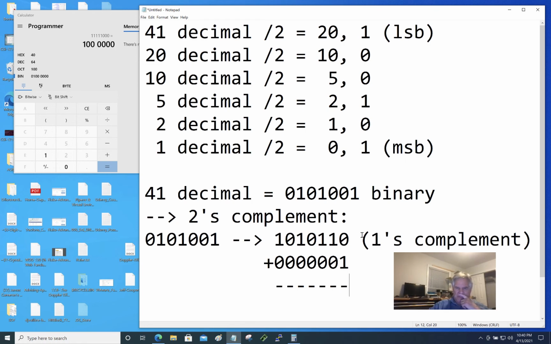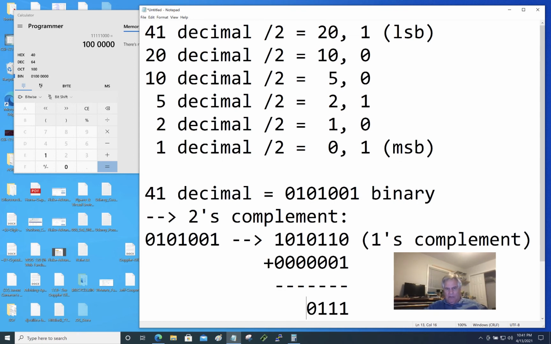Now, 0 plus 1, well, let's get all our numbers over here. 0 plus 1 is 1. 1 plus 0 is a 1. Sorry, this next guy is a 1 plus a 0. That's going to have to be a 1. This guy is a 0 plus a 0, so 0 plus 0 is 0.